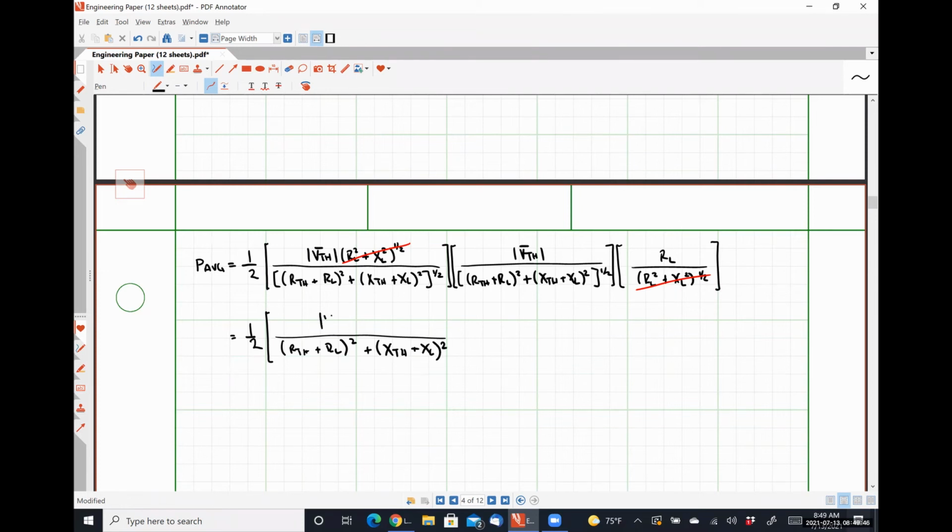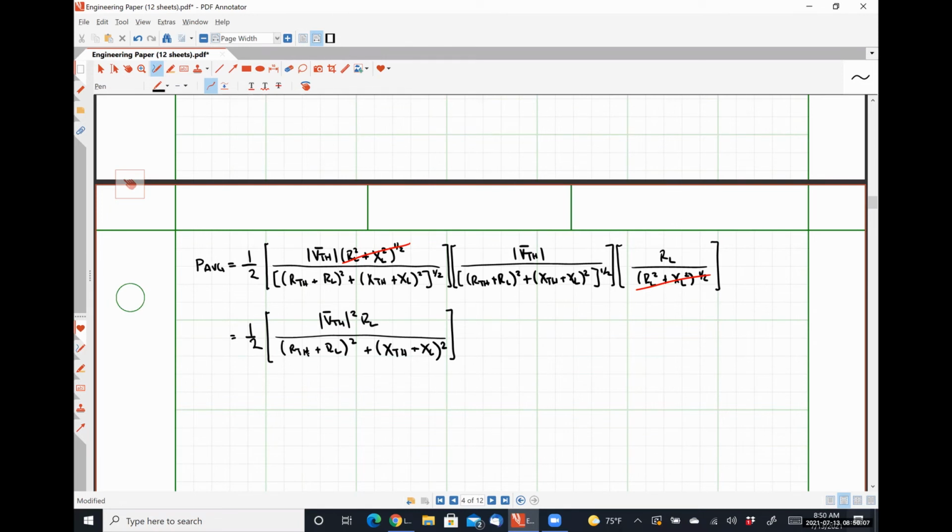My numerator is going to be the magnitude of my Thevenin voltage squared times RL. So we've gotten significantly closer to getting an answer, but it may not be obvious yet.